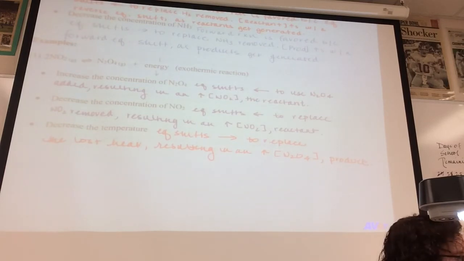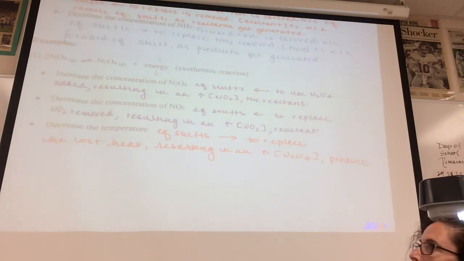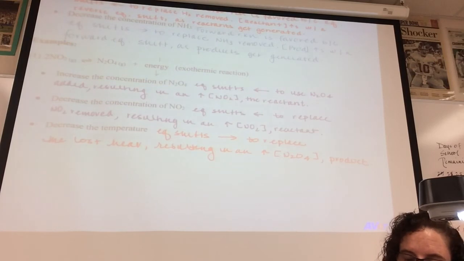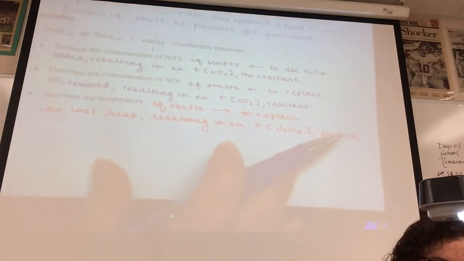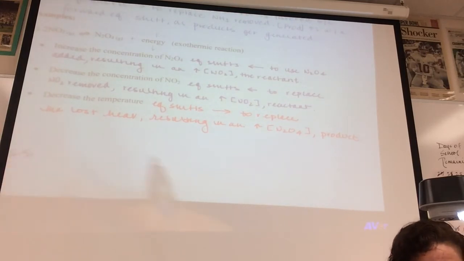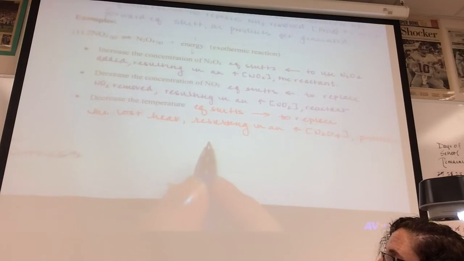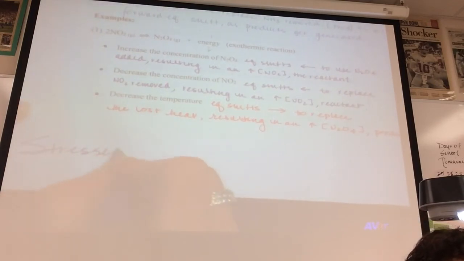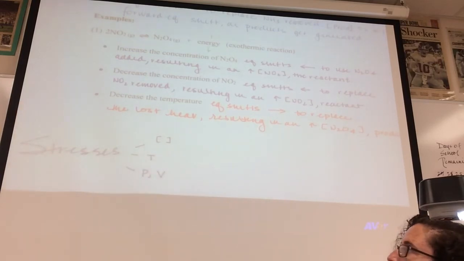So that's concentration and temperature, and those are usually pretty straightforward. In regard to the stresses or factors that affect chemical equilibrium, we've got 3 or 3.5, if you will. So those stresses include concentration, temperature, and you'll see pressure and volume.